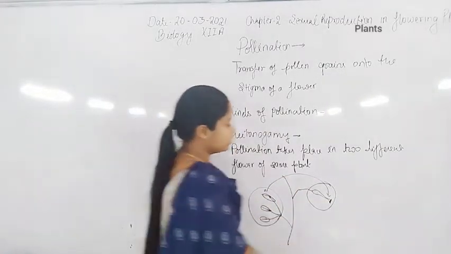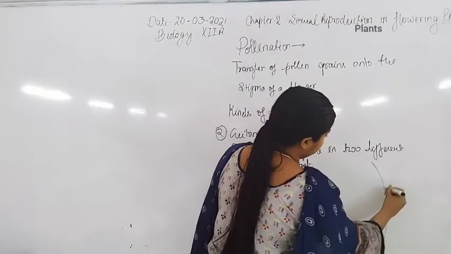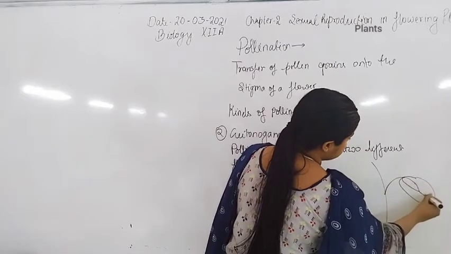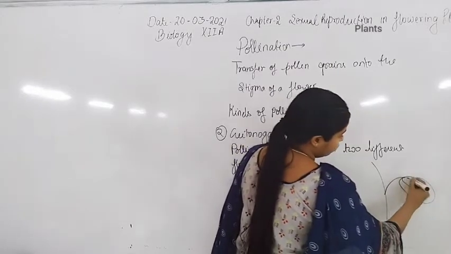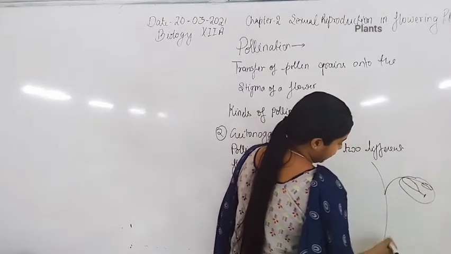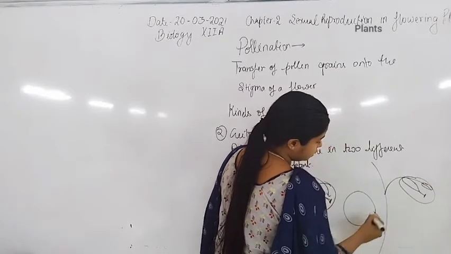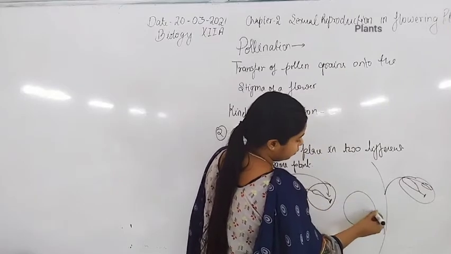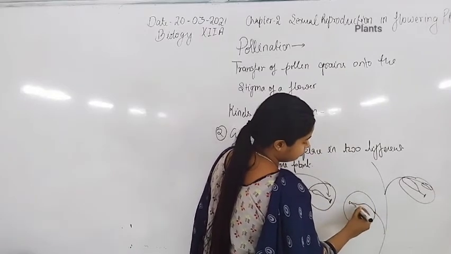Now the second condition is when the flower is bisexual, that is, both flowers have both types of reproductive organs. When the flowers are bisexual, both types of reproductive organs are present on the same flower.